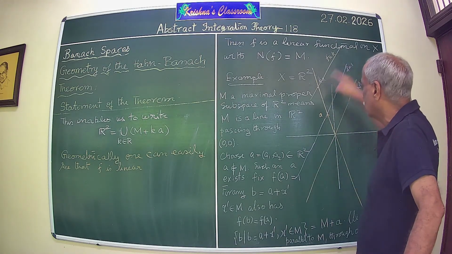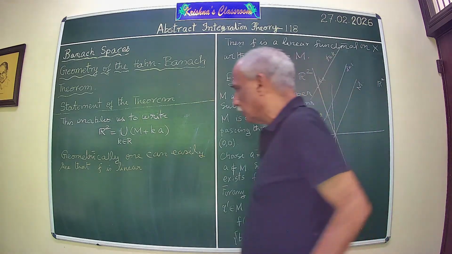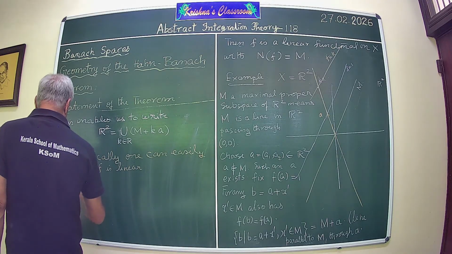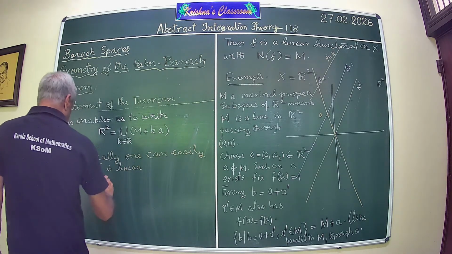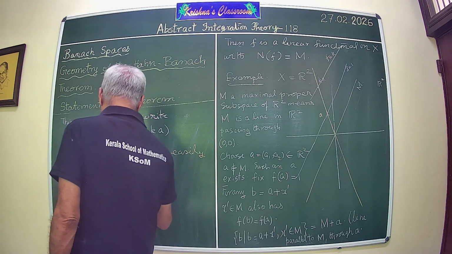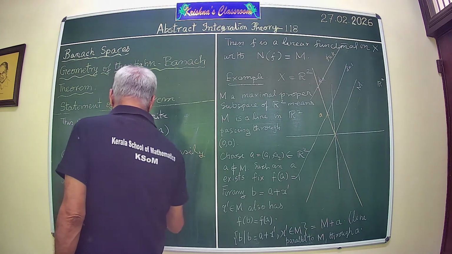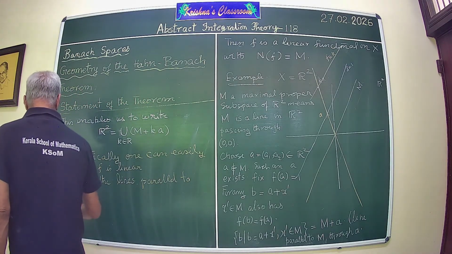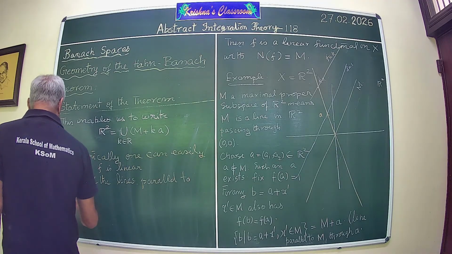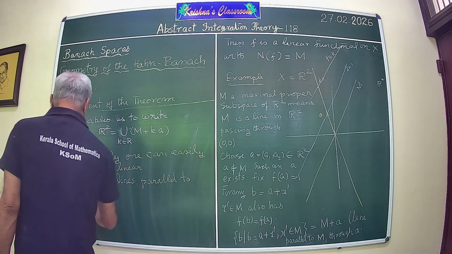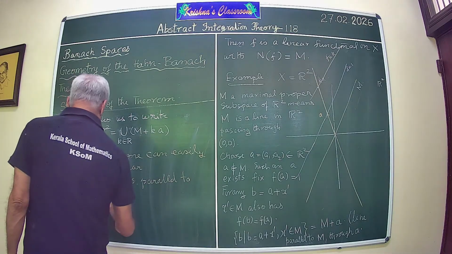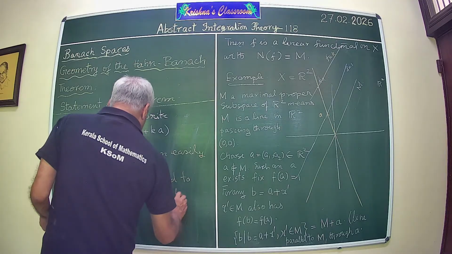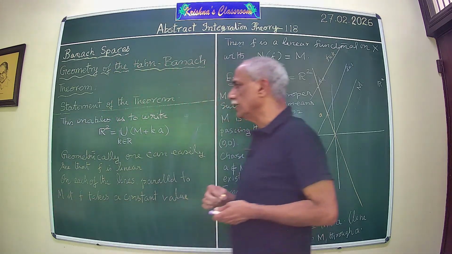On each of the lines parallel to it, f takes a constant value. That is what the linear function is.